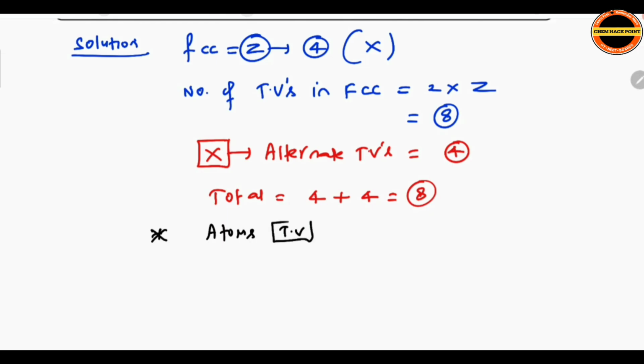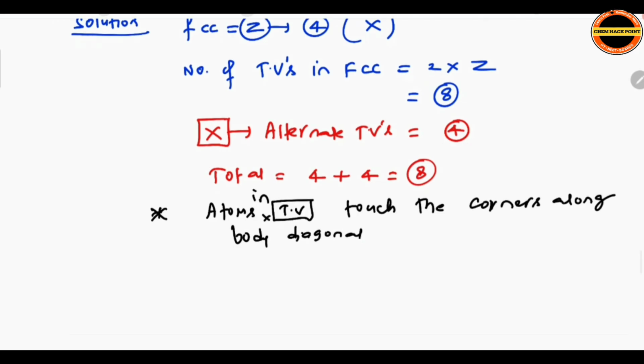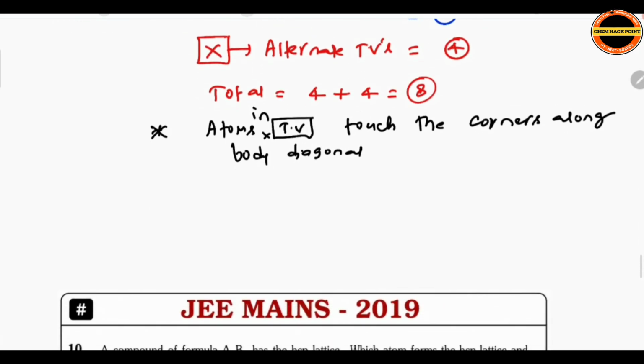Atoms in tetrahedral voids touch the corner atoms along the body diagonal. So along the body diagonal, atoms at corners are in contact with tetrahedral void atoms.